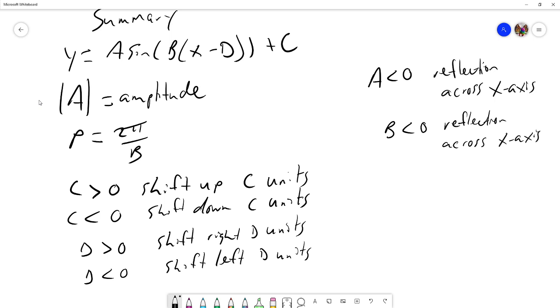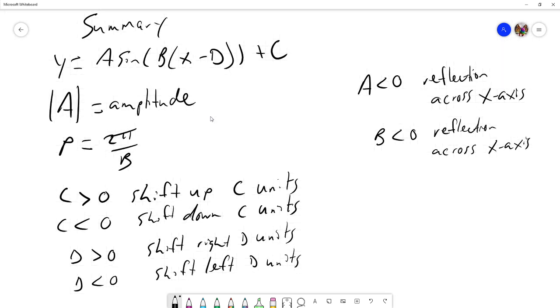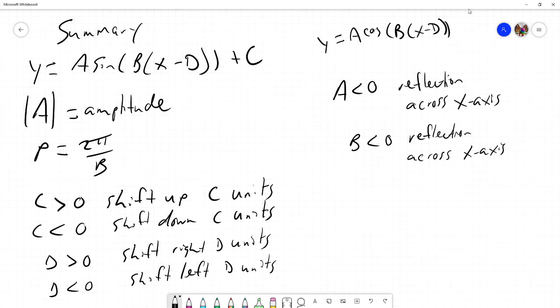So that is everything. And in fact, we can note that cosine follows the exact same pattern. So y equals a cosine of b times the quantity x minus d, plus c. So all this information works equally for cosine.